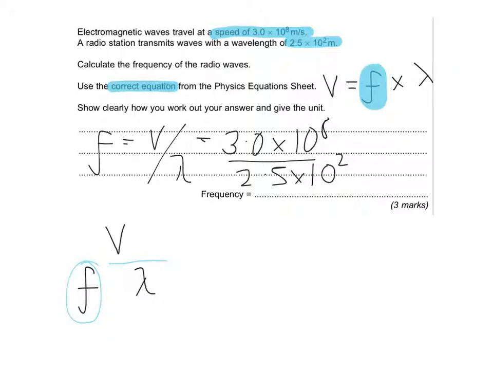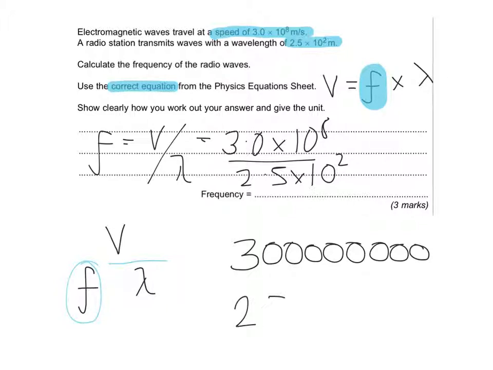If you're not very familiar with what these 10 to the 2 and 10 to the 8 mean, 3 times 10 to the 8 just means that you add 8 zeros afterwards. And 2.5 times 10 to the 2 means you just move the decimal place once, twice, to give you 250. So it's this number here on the top divided by 250.